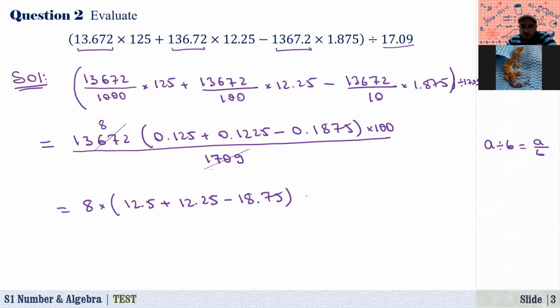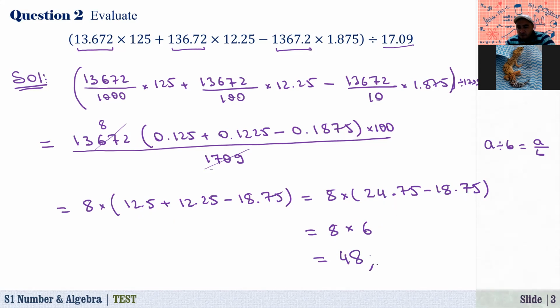So from here, that's equal to 8 times, let me just do one by one, 12.50 plus 12.25, that is 24.75 minus 18.75. Now, which is equal to 8 times 24.75 minus 18.75, 0.75, that's equal to 0. 24 minus 18, that's equal to 6. So the final answer is 48.